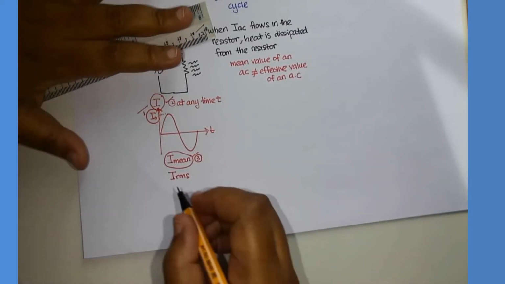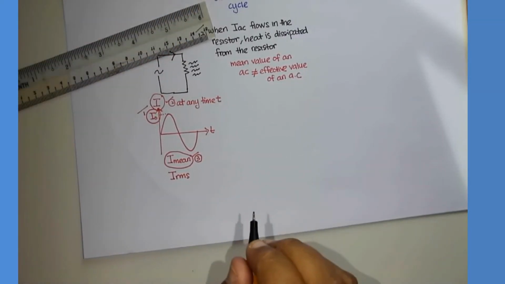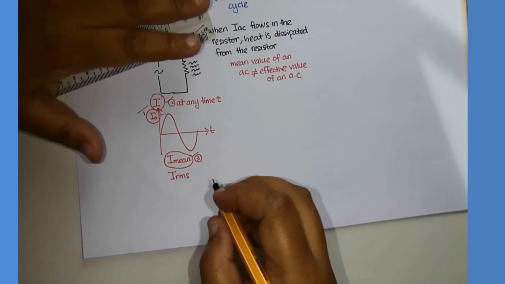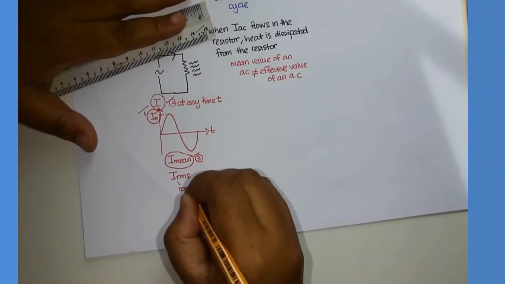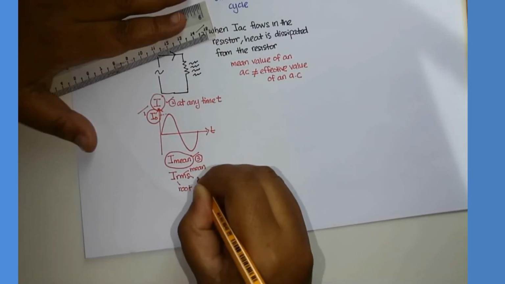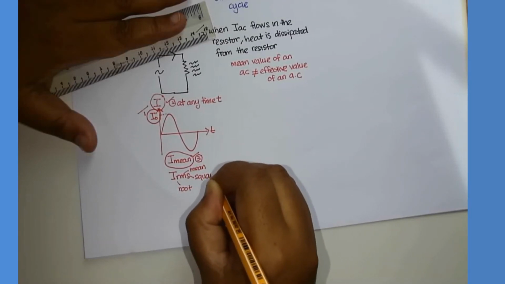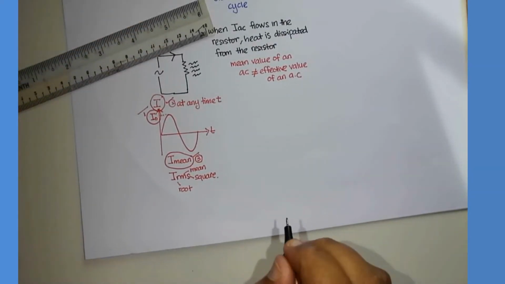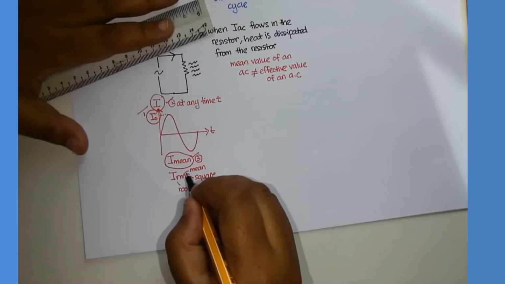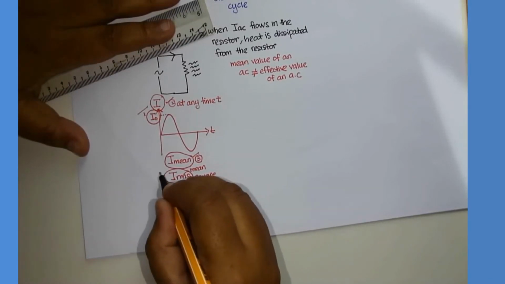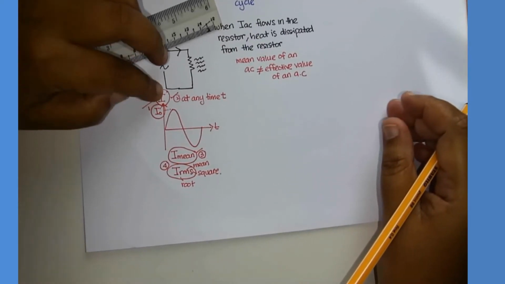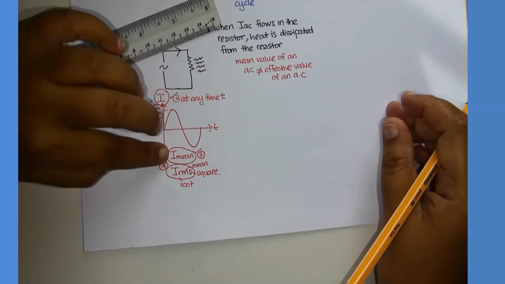IRMS is called root mean square. R means root, M means mean, S means square. So this is root mean square. These are the 4 values of current: we have I at any time t, peak current, mean current, and root mean square current.